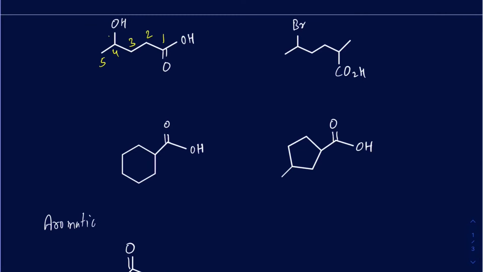So on the 4th position, you have this OH, which is technically an alcohol, but in this particular case, it's not going to act as a functional group, but rather it's going to act as a substituent. And when the OH or the alcohol acts as a substituent, you call that hydroxy. So it's going to be 4-hydroxy, and since it's got 5 carbons on the main chain, it's going to be pentanoic acid.